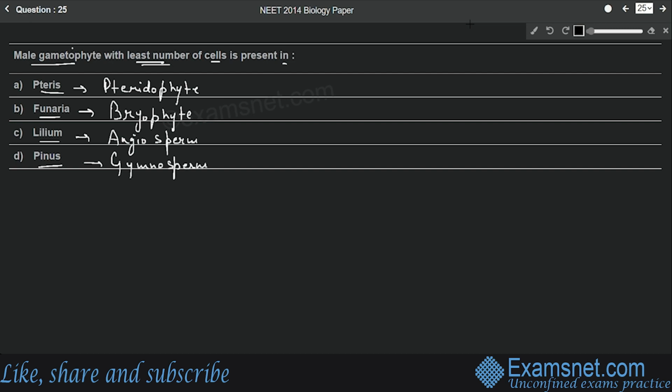Now, the male gametophyte with least number of cells is found in the angiosperms, okay? Because in case of angiosperms, the male gametophyte is highly reduced.